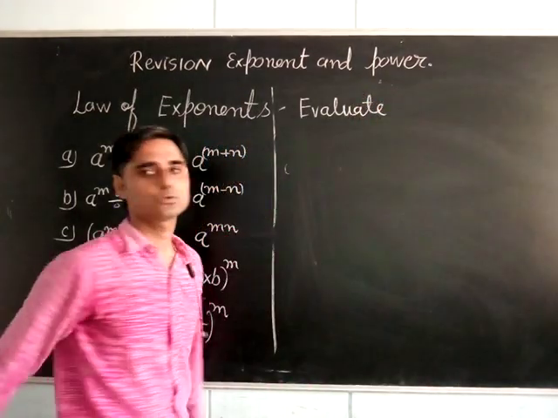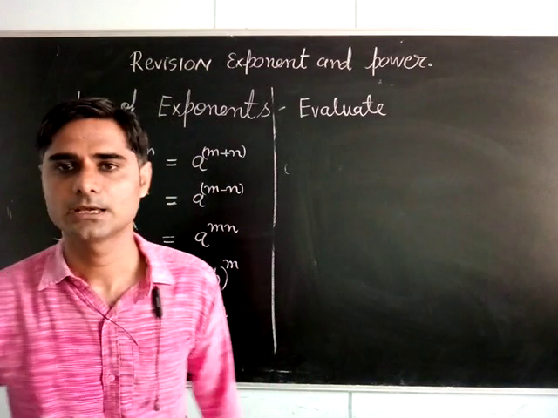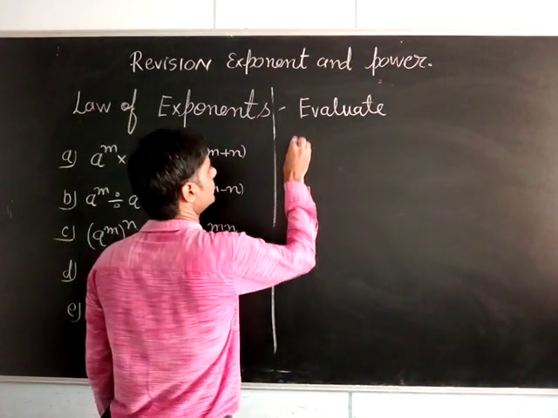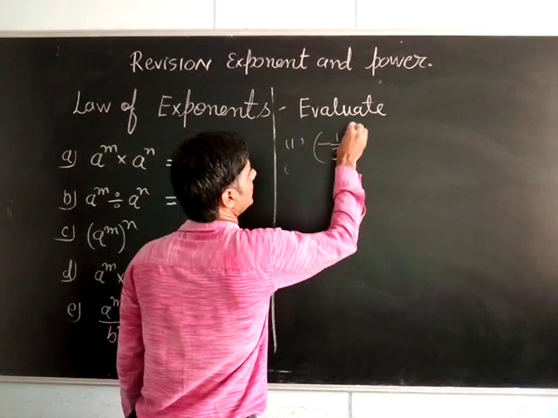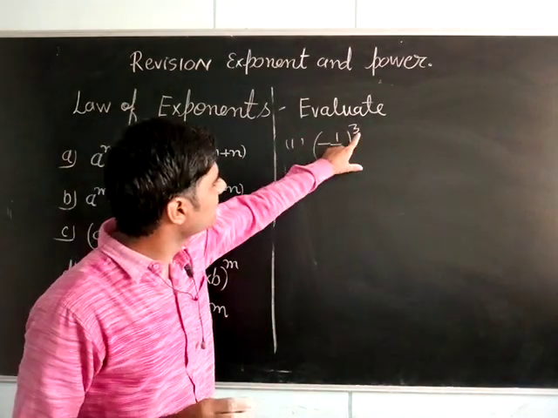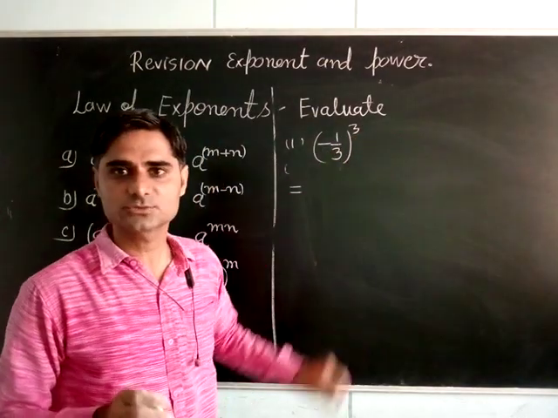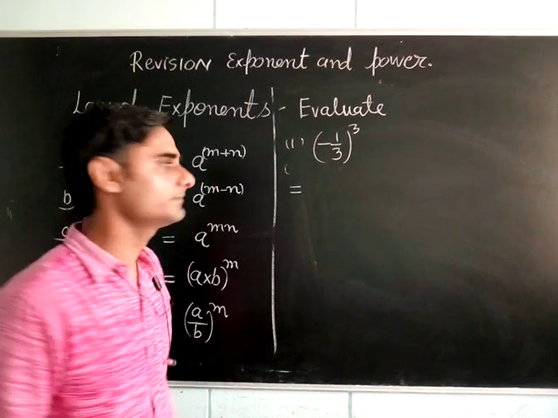Evaluate the following. How to evaluate? See, one is given: minus 1 upon 3 whole power 3. Minus 1 upon 3 to the power 3 means we can write this one 3 times, the same 3 times.